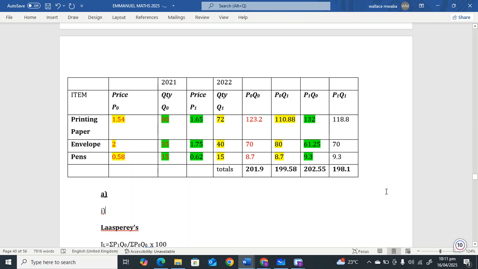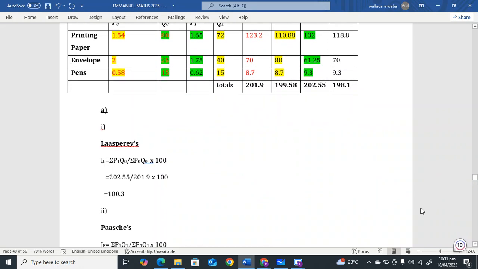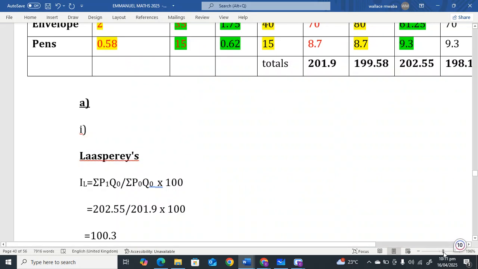Okay, we can now find the price indices. The good thing is this formula will be given to you in the exam. So this question, if you see it, head for it.